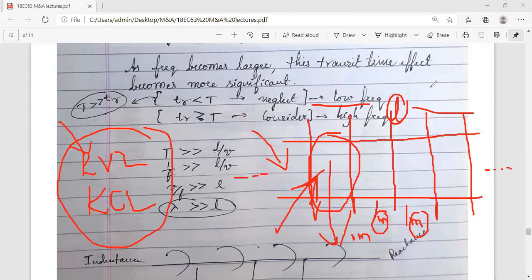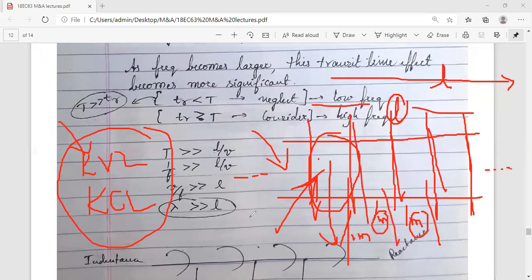What we did here: the length L of the transmission line, we divided into a number of per unit lengths, so that your circuit parameters get divided. There may be many circuits like this. If you can find the solution for one, similar can be applied to all parts, right? So with this little adjustment and modification, you can still apply KVL and KCL.